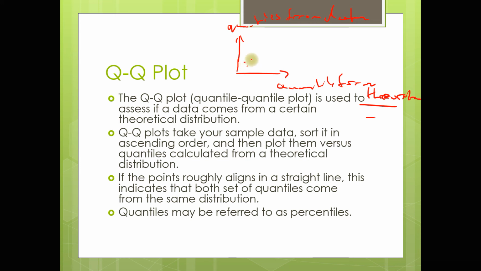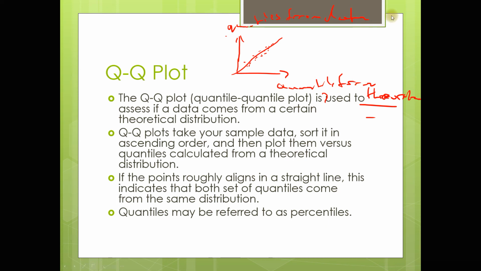If these quantiles are basically the same here, and they follow roughly a straight line, all right, they will not be exactly a straight line except if they come exactly from a certain distribution, but generally the data will have some variation around a line. But if they roughly follow a straight line, then logically it means that they are similar.